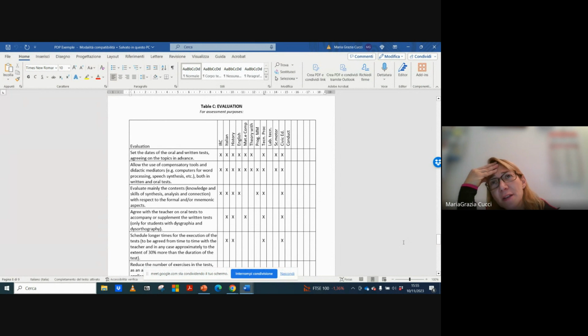This is one of the hardest things for us as teachers, especially when we have a special educational needs student, because it is difficult to stay on the objective line to define whether to evaluate exactly like the other students, or to have something specific, in a way that is not too hard, but not too light, not too easy for the student.